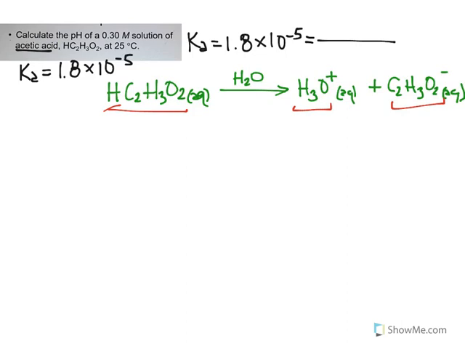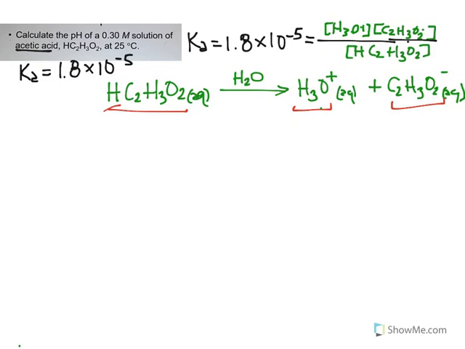Our Ka expression is going to be equal to the concentration of hydronium times the concentration of acetate over the concentration of acetic acid, HC2H3O2.